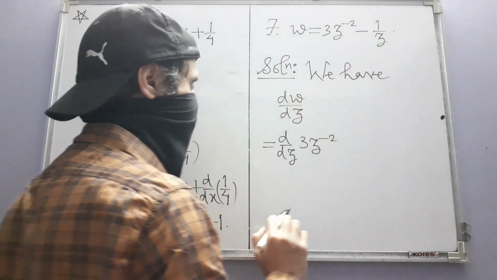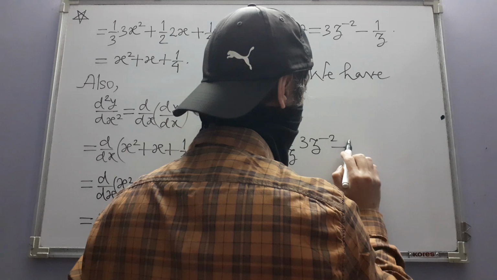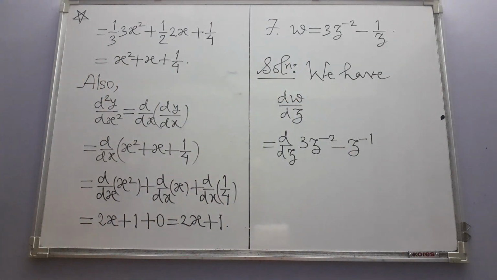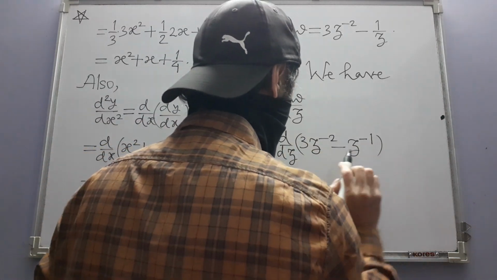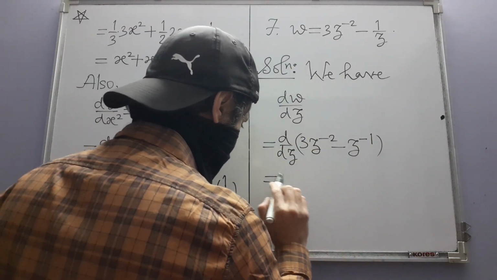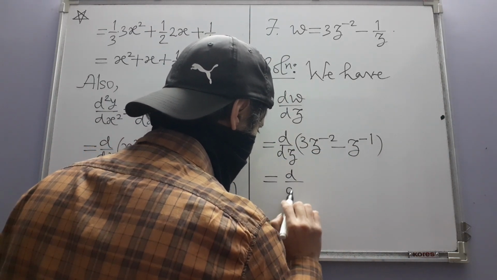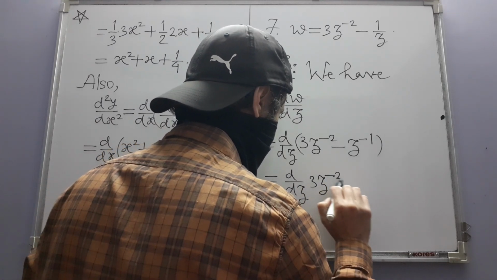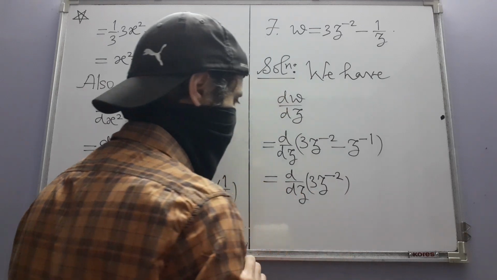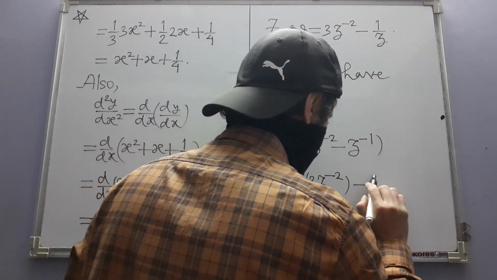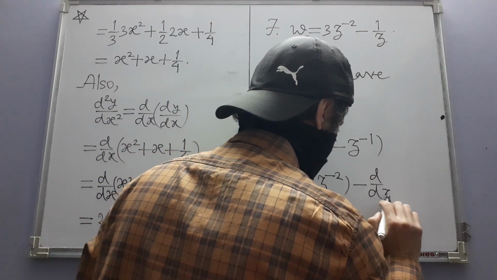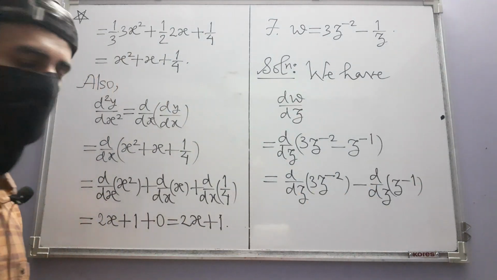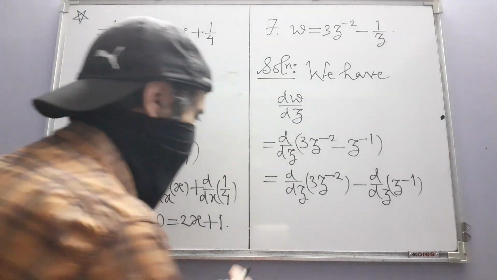And if you look carefully, this 1 over z actually can be written as z to the power minus 1. Why do we do that? Let's see. Let me first apply the difference rule with the condition that we know that these individual functions are differentiable. Are they differentiable? Yes.